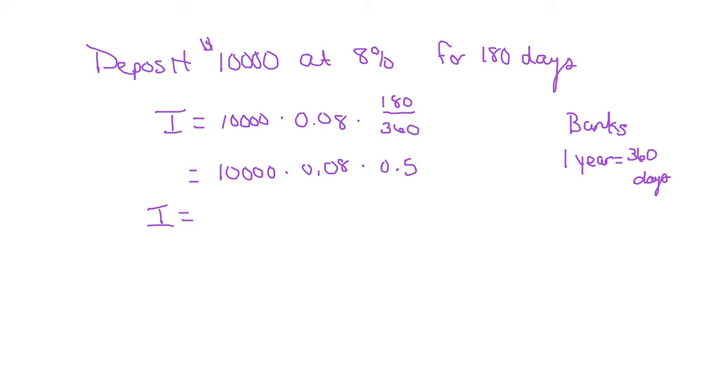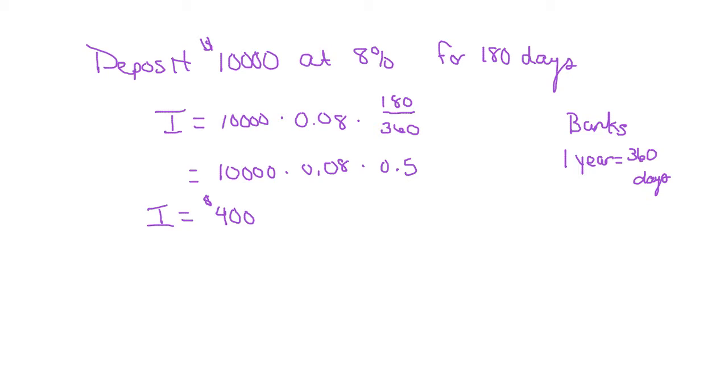So 10,000 times 0.08 times 0.5 gives us $400. Now this is the amount of interest. Remember, this isn't the total amount of money you have in your account. This is just how much money they're going to add to it. So after that 180 days, there would be an additional $400, so you'd have $10,400 in your account.